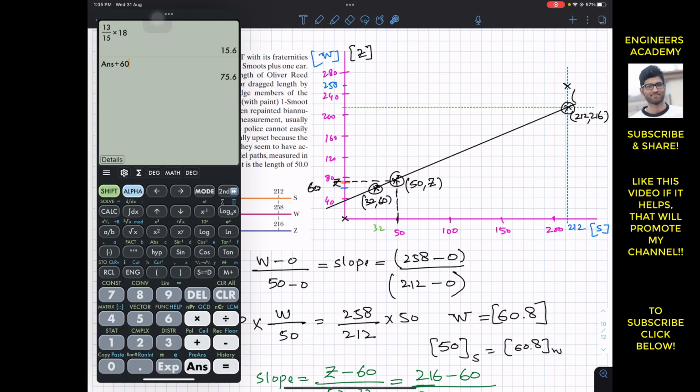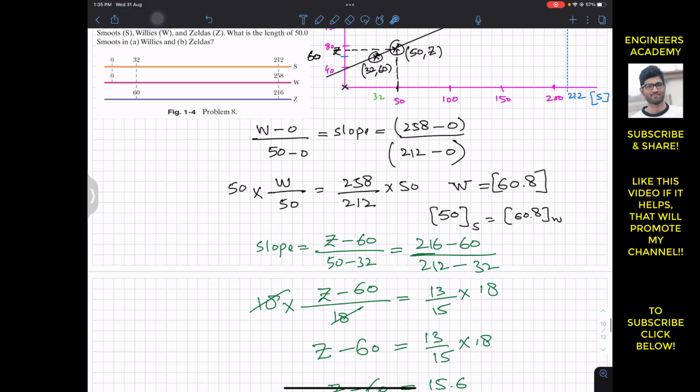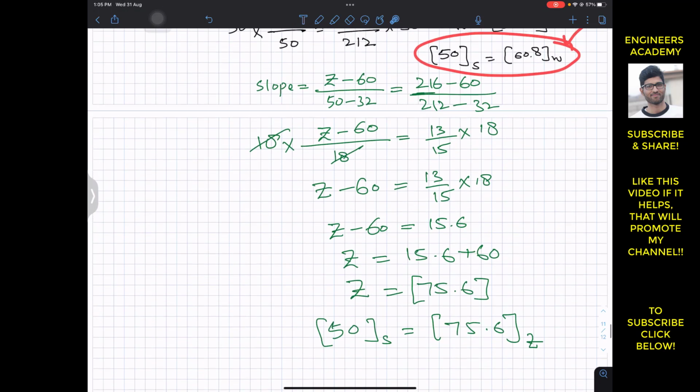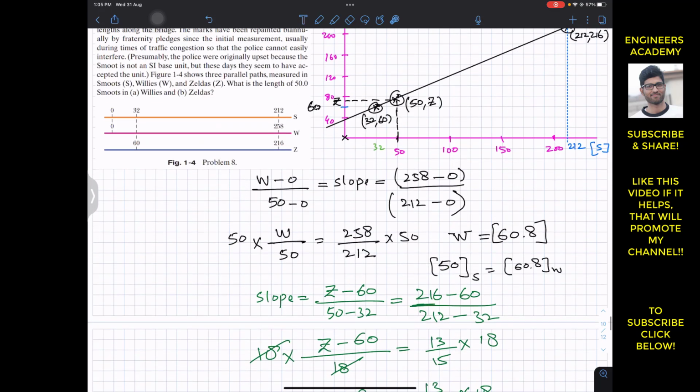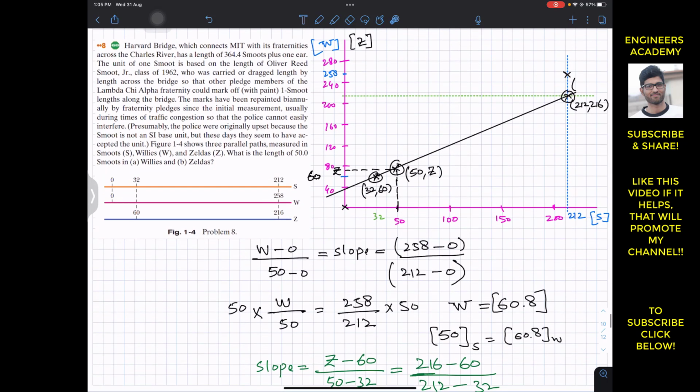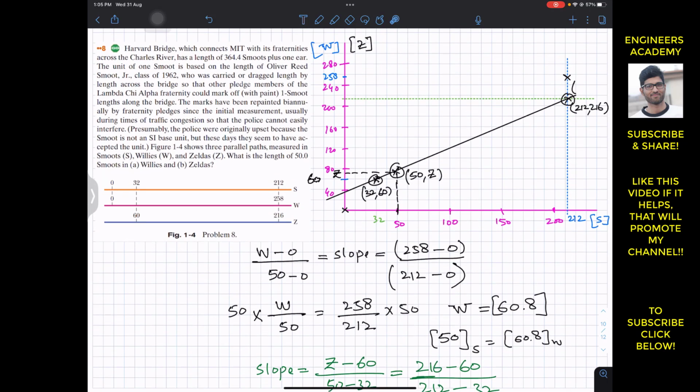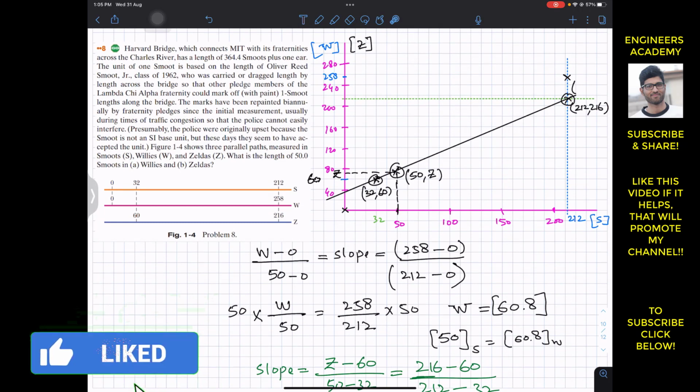So this particular point is 75.6. So now 50 Smoots is equal to 60.8 Willies, and 50 Smoots is equal to 75.6 Zillies. I hope you have understood this method, which is known as linear interpolation between any 2 points. I hope this will help you in your learning.